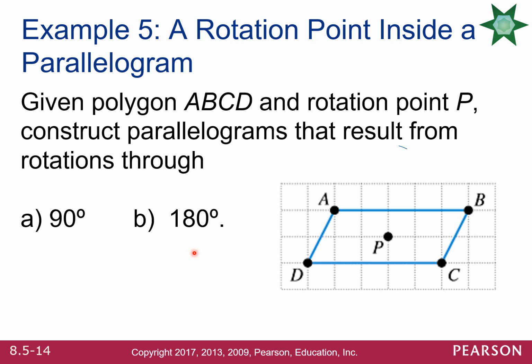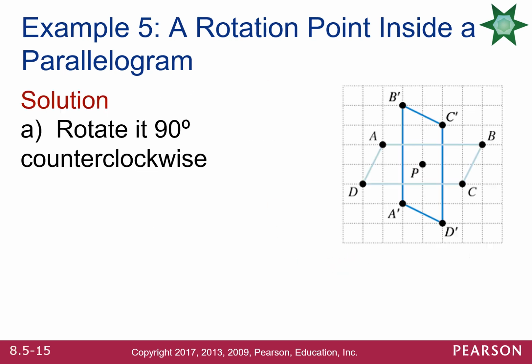However, the rotation would also factor in the direction, whether you are rotating it clockwise or anti-clockwise, or counterclockwise. So here we are rotating the figure 90 degrees counterclockwise. That means in the opposite direction that a clock runs.